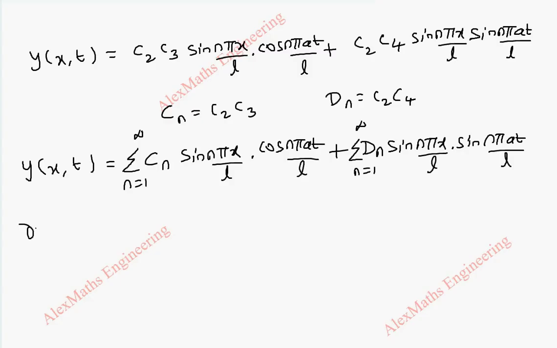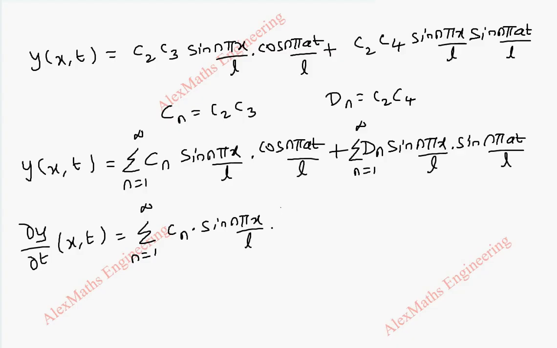Now let's find ∂y/∂t of (x,t). We are going to differentiate this partially with respect to t, so the x terms are constant. So we keep Cn and sin(n pi x by L) constant as they are.